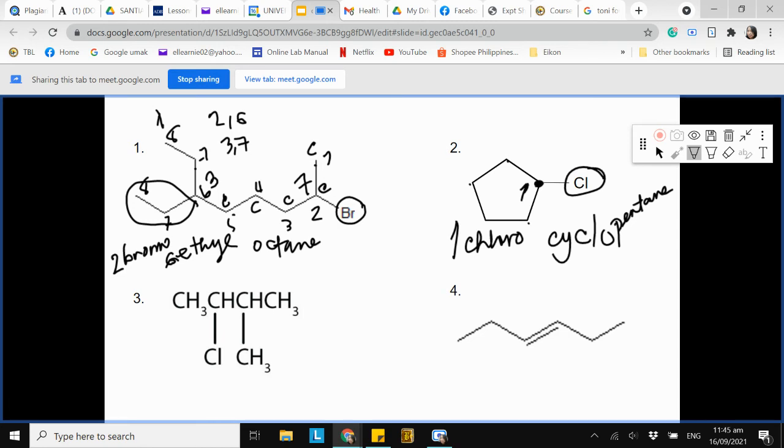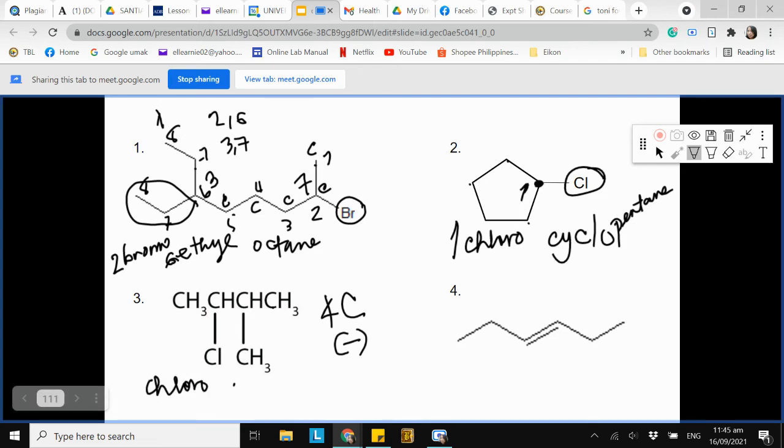So, tulungan ko na kayo magbilang ha. 1, 2, 3, 4. So, 4 carbons. May double bond, single bond, triple bond? So, lahat sila ay single. Okay, so ganyan ang symbol natin sa single. And then, meron kang chlorine, meron kang methyl. So, pag in-arrange mo yan, pwede na tayo mag-start ng alphabetical arrangement. So, unahin natin si chloro.